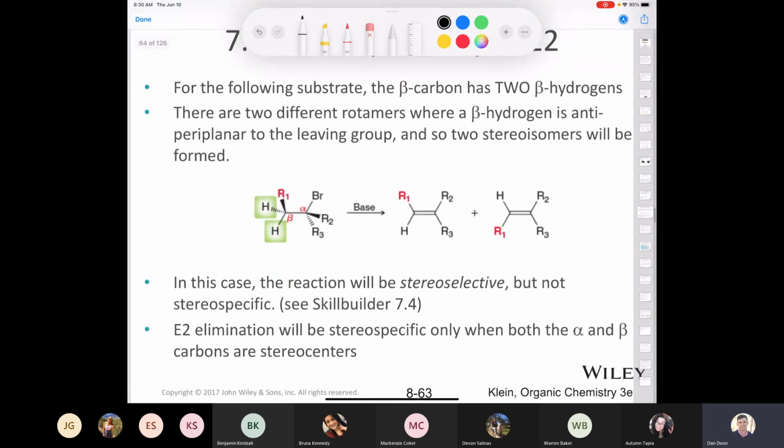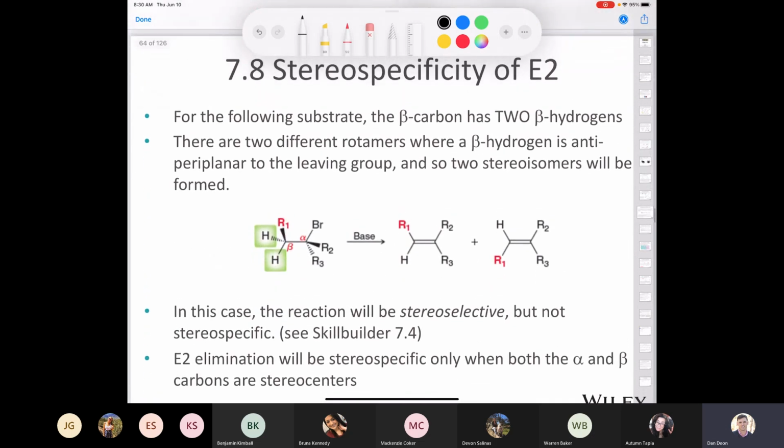So if you take a look at this example here, follow along with me carefully. This requires some thought. If you look at this beta hydrogen in this molecule, you see how instead of one proton, it's got a couple of protons? Whenever you have a couple of protons, and I alluded to this earlier today, then there's two rotamers. You can have one rotamer where this hydrogen is antiperiplanar, and you obviously have this one where this hydrogen is antiperiplanar.